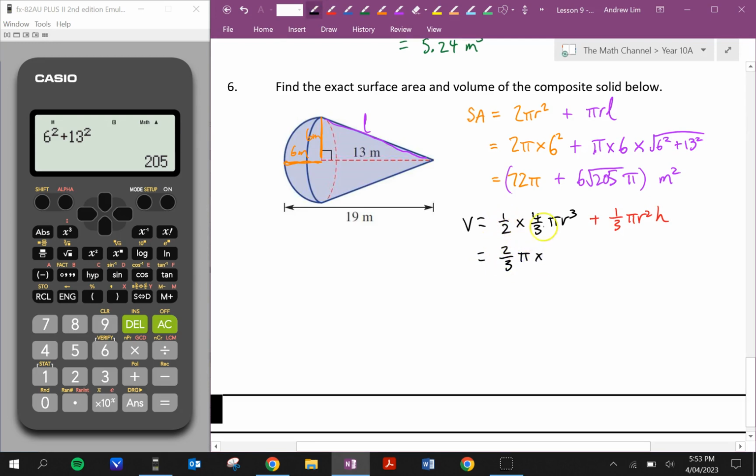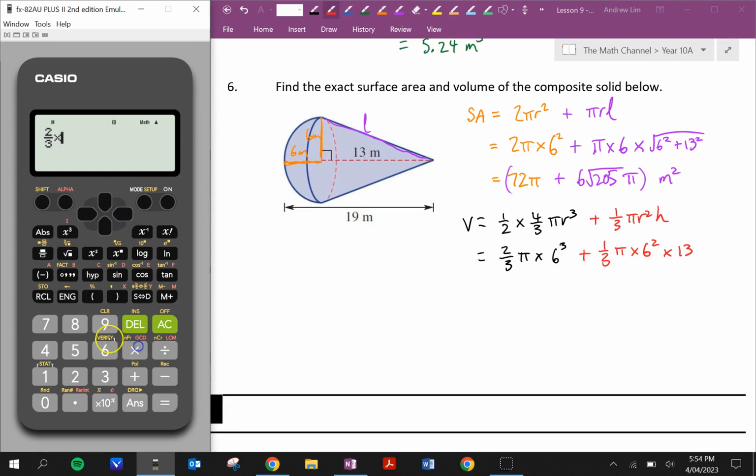Okay, I did half of 4/3, which is 2/3. R is 6. And the height of the cone is 13. So, again, because this bit here is separated by a plus, it belongs together with that pi. So I'm going to type the 2/3.